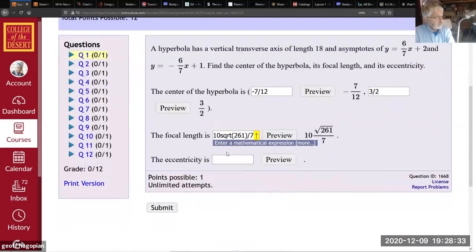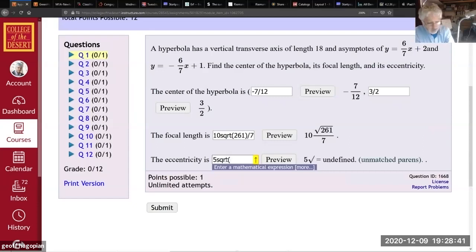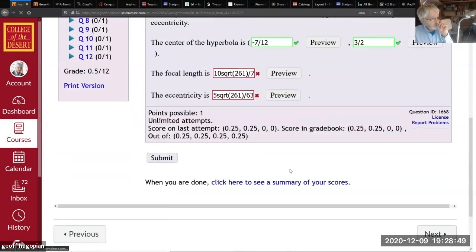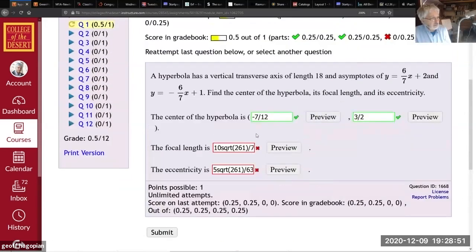Okay, the eccentricity, that's C over A, which is 5 times the square root of 261, provided I haven't made any arithmetic errors, over 63, and resistance is futile. Oh, well, I got the center right, but it looks like I've screwed up. So maybe I should use a calculator, huh? Do I have a calculator? Yes, I do.